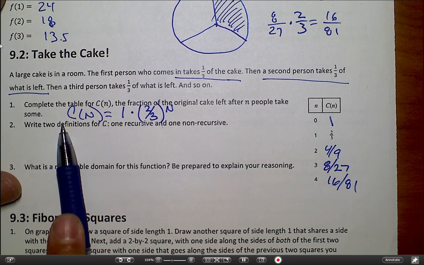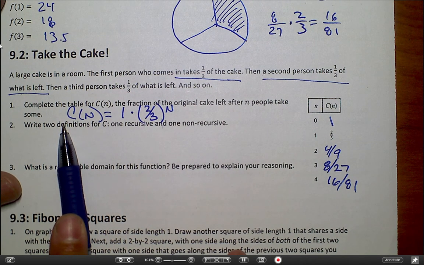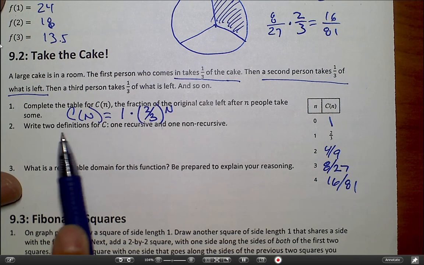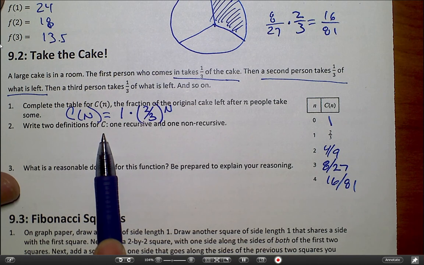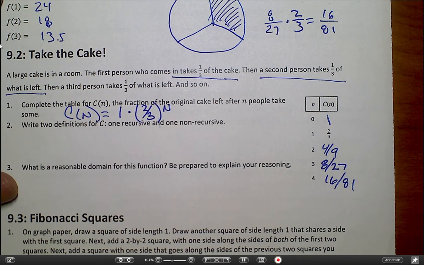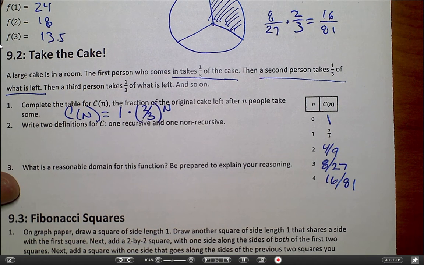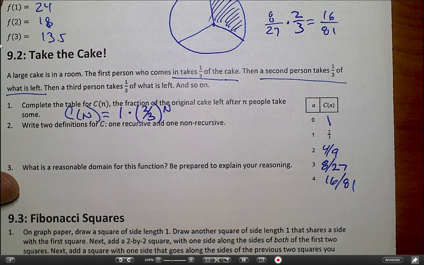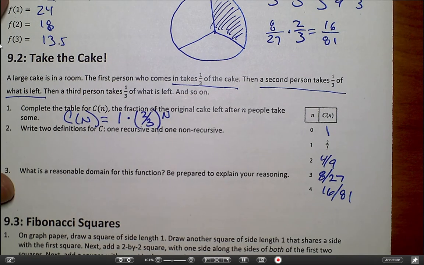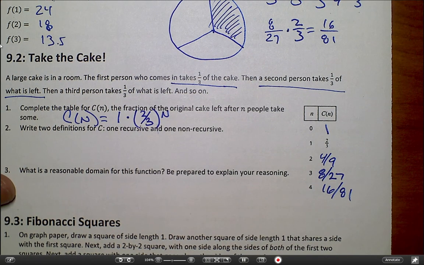And if I'm doing a recursive problem, I have to have a previous term. So in a definition for recursive, what do I have to put in there? Say it. N minus 1, right? For the definition, it has to have an n minus 1 because that's my previous term.